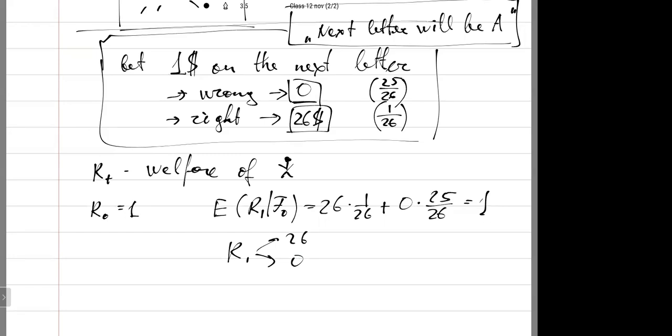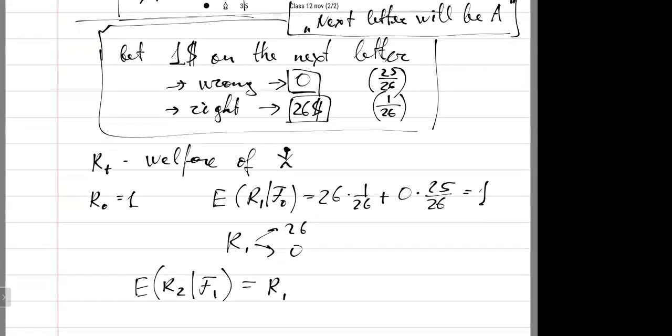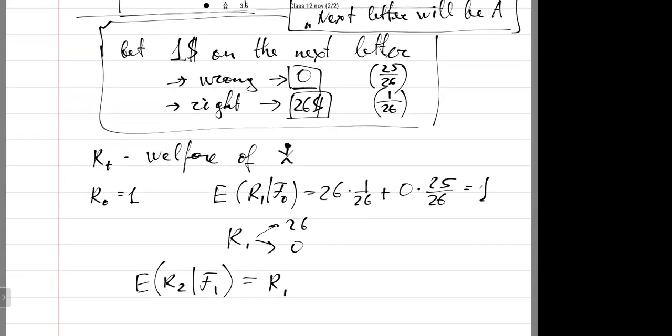R2, the welfare of my player after 2 stakes, is also a random variable, and the best prediction of R2 given F1 will be R1. So I organize the casino to make the welfare of each player a martingale. Everything is right for the moment? Yes, thank you.